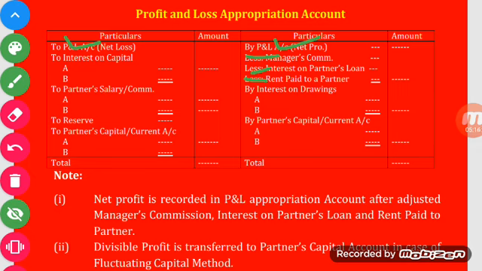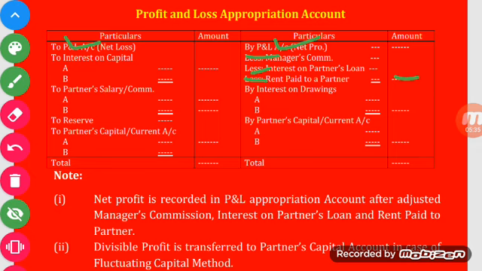Manager's commission, interest on partner's loan, and rent paid to a partner are expenses of the firm. That's why these are charged against the profit of the firm, and that's why they will be deducted from the net profit. After deducting, the amount will be shown here. Is it clear?